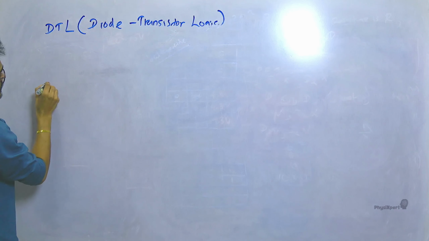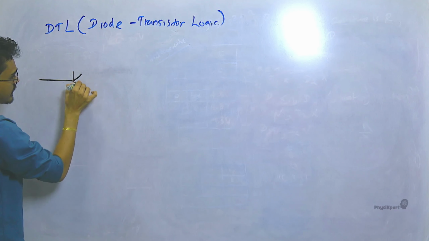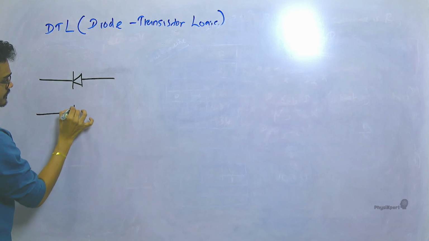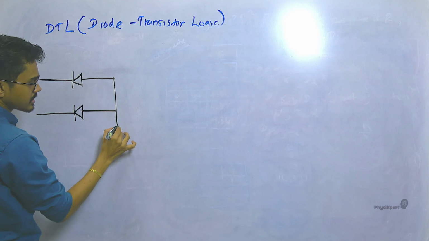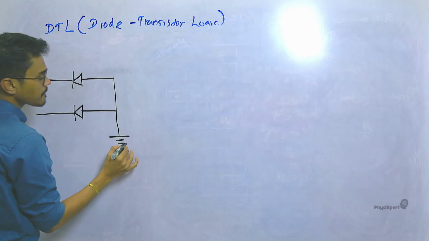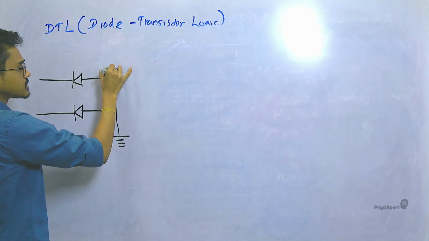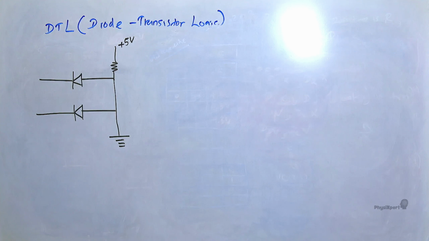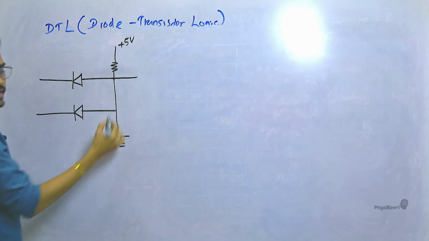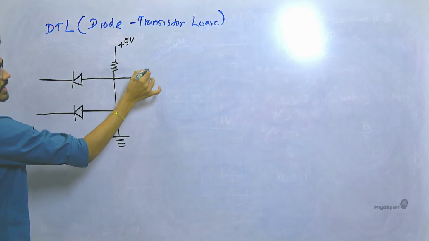Now let's say this circuit is converted into something like this. This is grounded, and a resistor is here with this voltage of 5 volts. And the output is now taken from here.